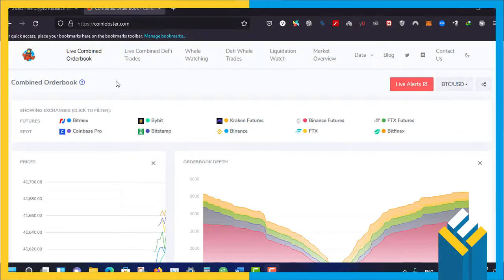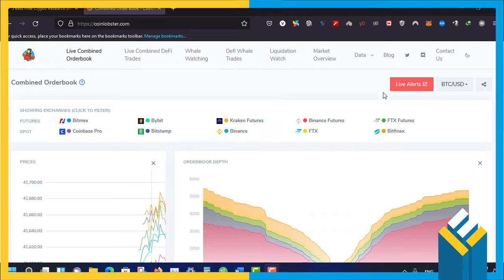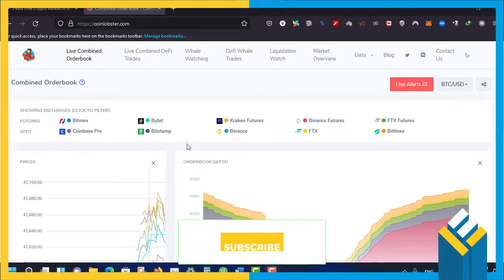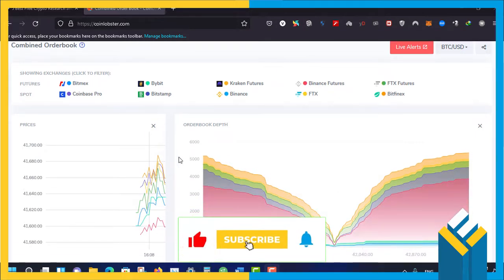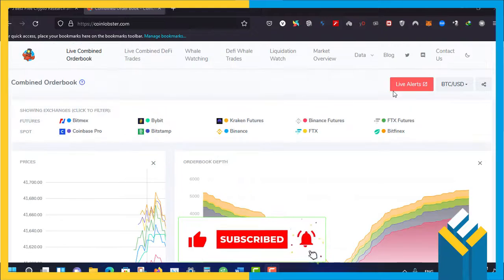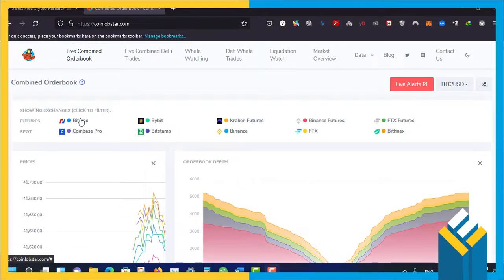Enter the website. The first tab is the live combined order book. As you see, there's combined order book data, and it's updated each second by live data, and there are 10 different markets, platforms or websites.